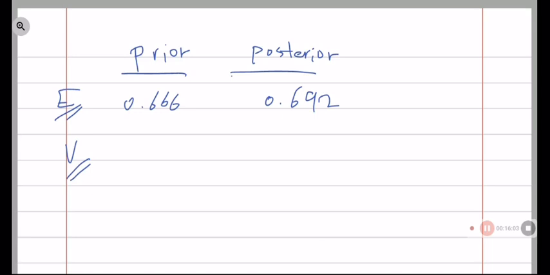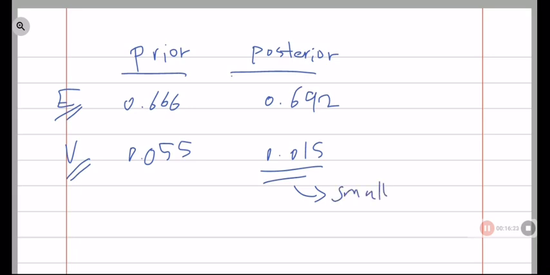The prior variance is 0.055, and the posterior variance is 0.015. We can see the posterior variance is smaller than the prior variance. That means there is less uncertainty about the inference about P when we have observed some data.